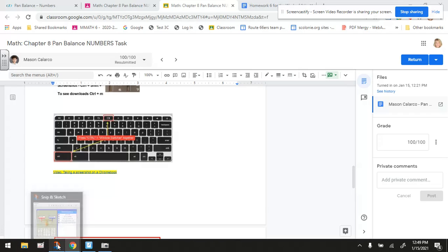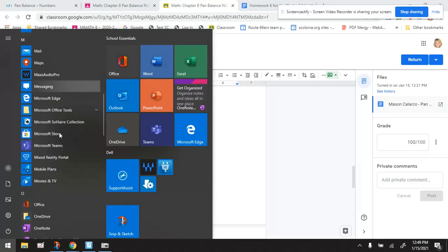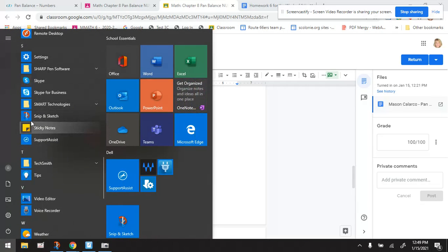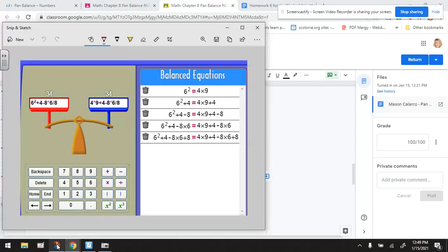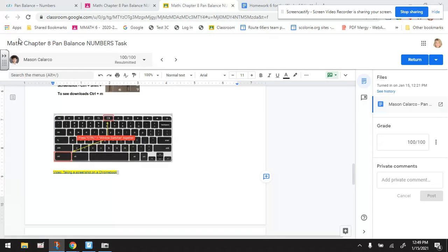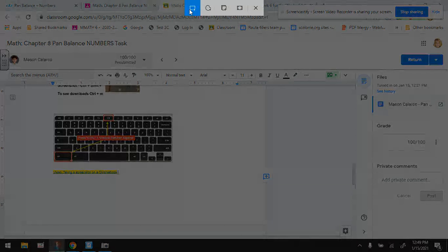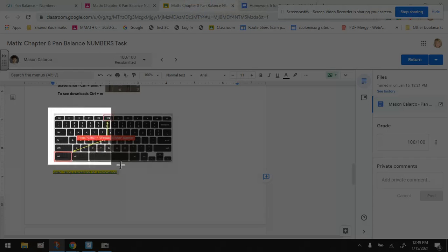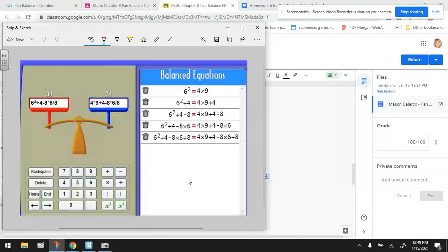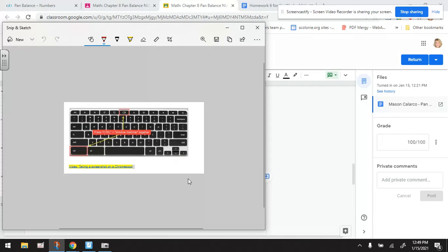So if you don't have it on your taskbar like I do, then you might have to hunt for it in your lineup of stuff over here, Snip and Sketch. So when you open that, now I'm going to open it from here, and you hit New, what it'll do is it'll open up this. And if you use the rectangle snip, so let's go back. Let's say I want to take an image of this. Then I would just go like that. And then it puts it on the clipboard.